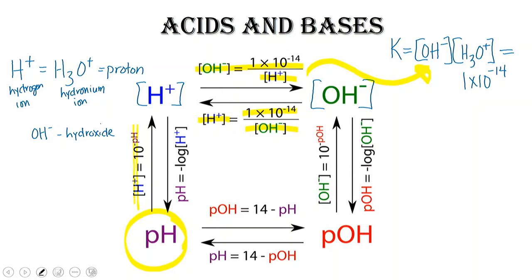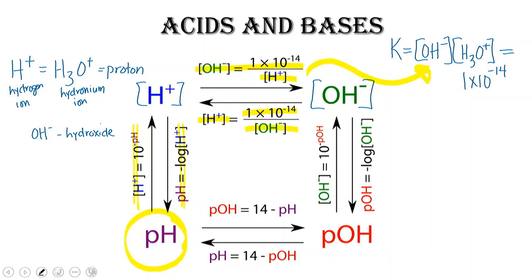And if we want to go in the reverse direction, if we're given the hydrogen ion concentration and we would like to find the pH, we will use this equation here, where the pH is equal to the negative log of the hydrogen ion concentration.